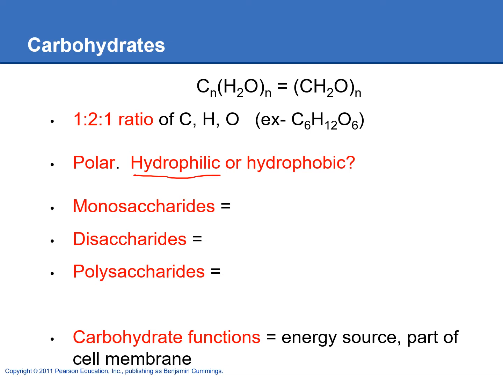All right, so we have a couple different types of carbohydrates. So the monosaccharide, that is just one sugar unit, mono meaning one. So that would be one sugar. And then a disaccharide, di meaning two.